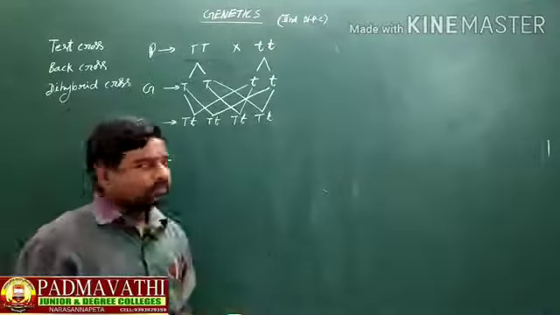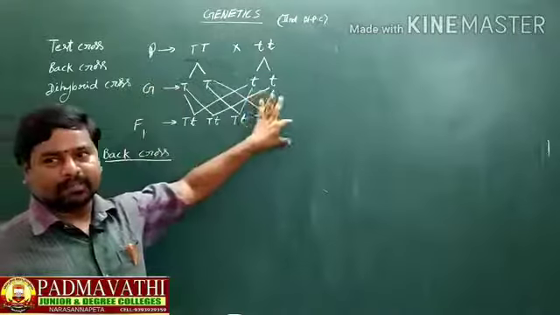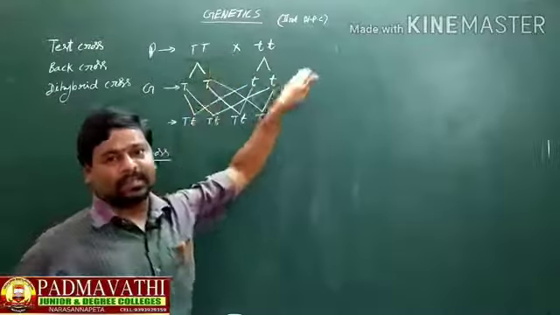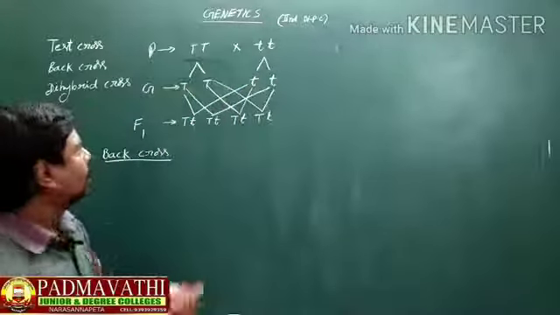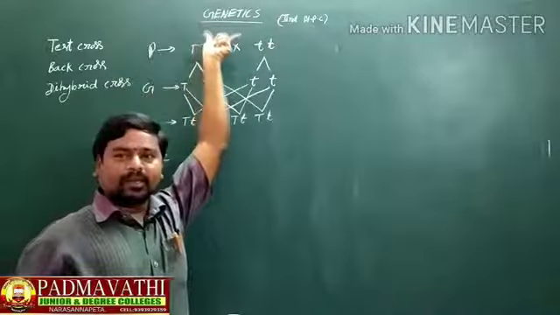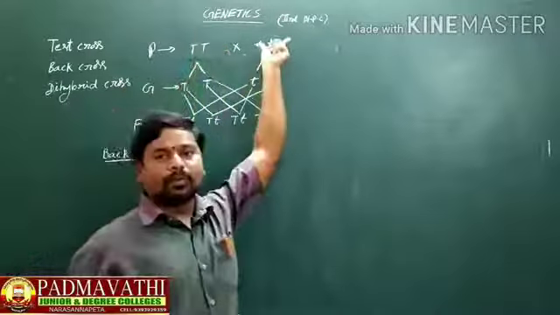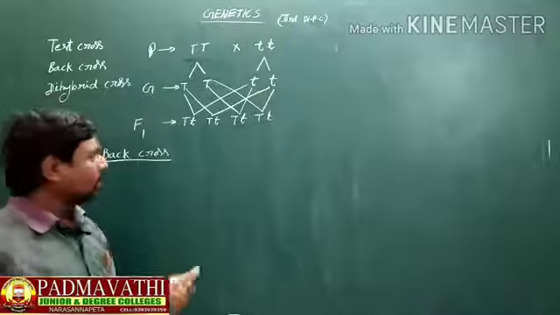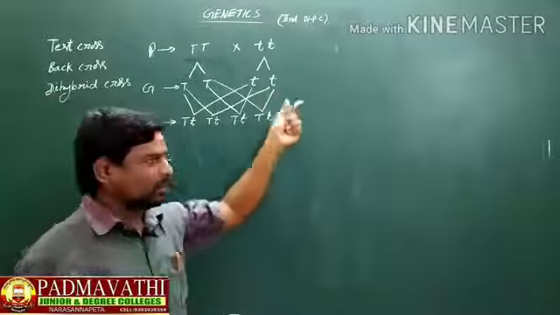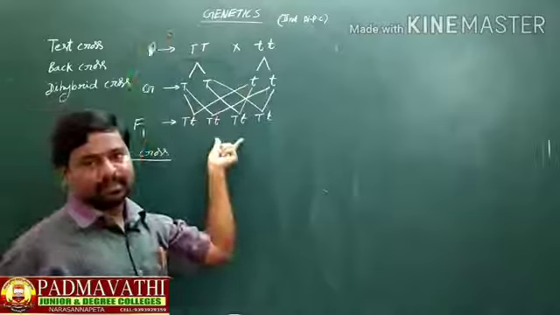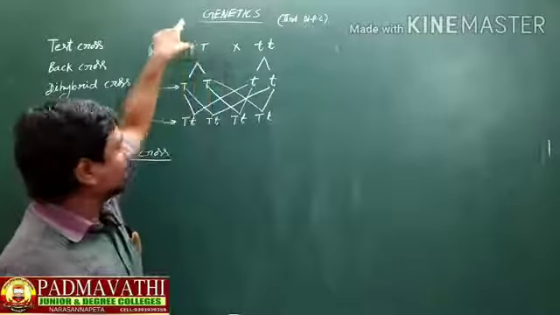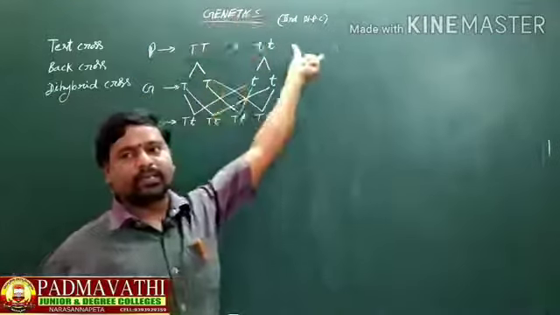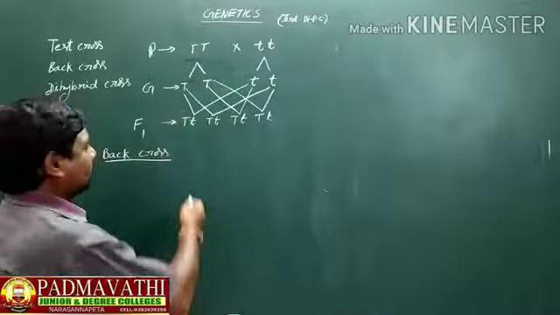Back cross means when the F1 progeny or F1 generation is crossed with its parents, any one of the parents, either homozygous tall or homozygous dwarf. That is back cross.